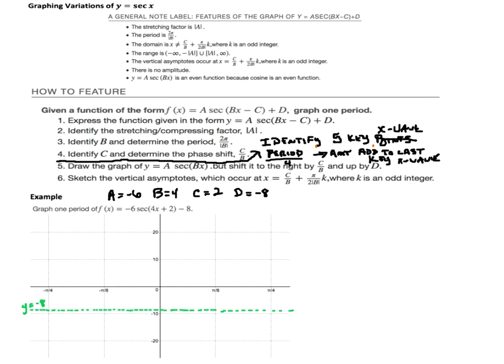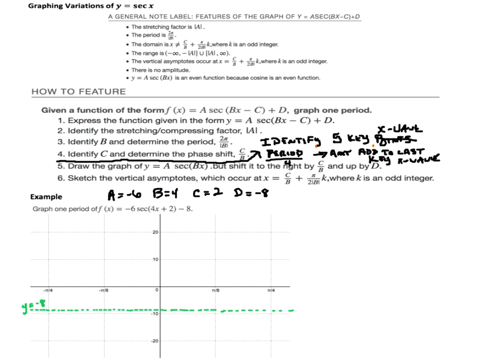All right, the next easiest thing is to decide how far above and below that midline my cosine is going to move. Because remember, we use the cosine to graph the secant because the secant is the reciprocal function of the cosine.